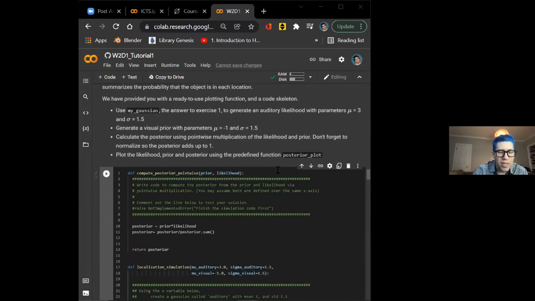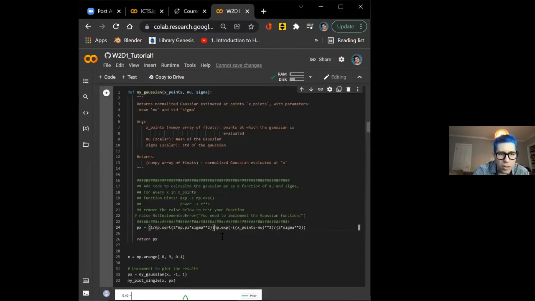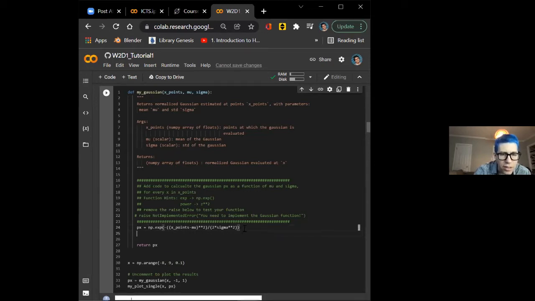Let me delete this part and divide it by px sum. Oh yeah, that's possible. Px is px over sum. No, px is px divided by px. Oh, sorry, I'm so sorry.